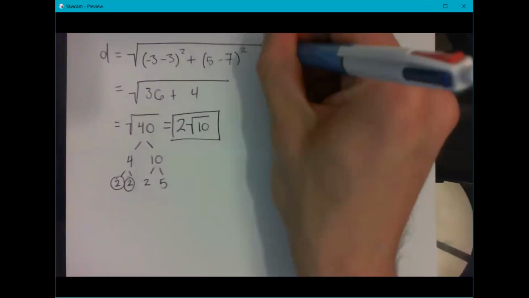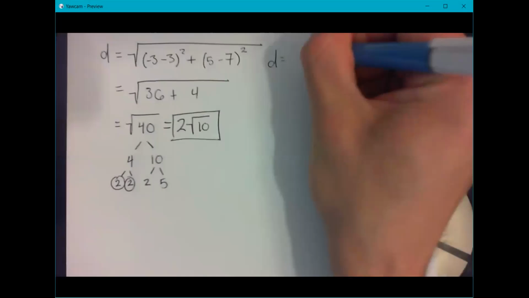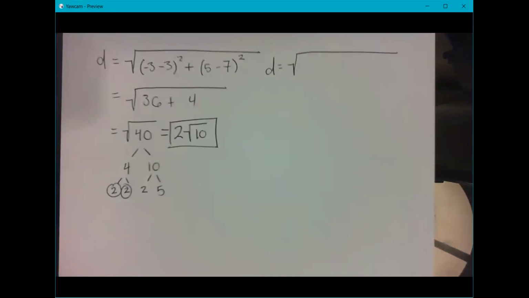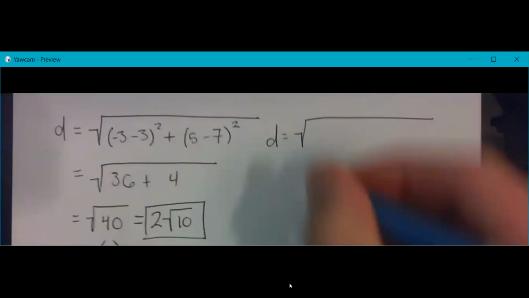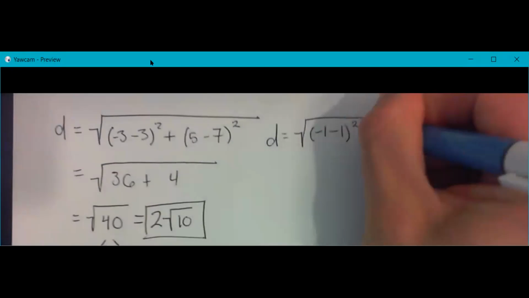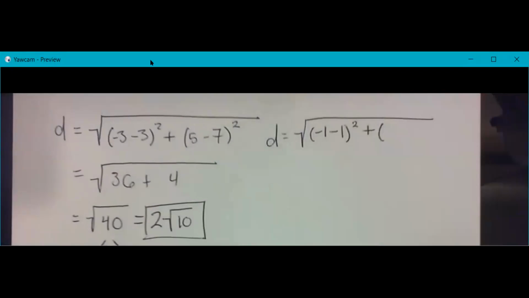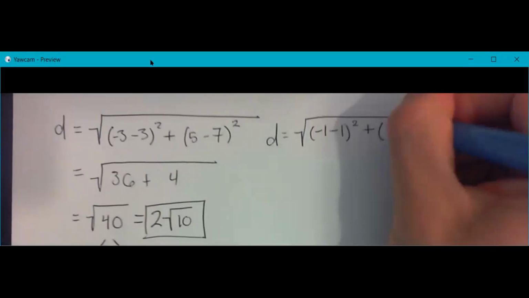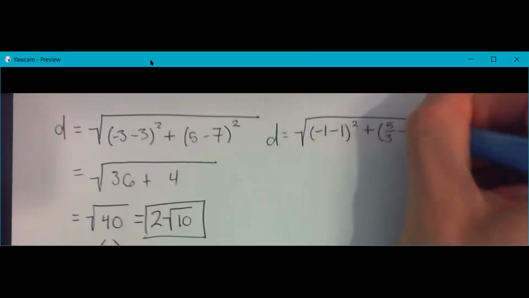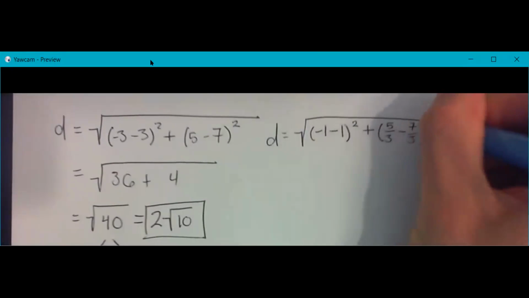The second distance is going to be equal to the square root of, what are those x values? -1 and 1. -1 minus 1 quantity squared plus, what are the y values? 5/3 and 7/3. 5/3 minus 7/3 quantity squared.